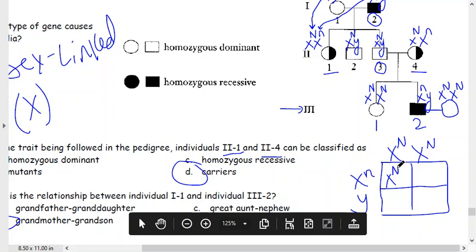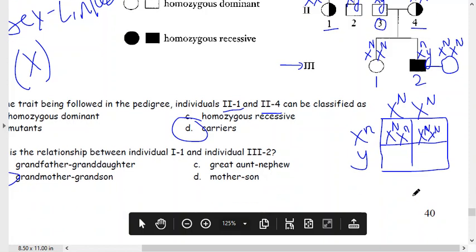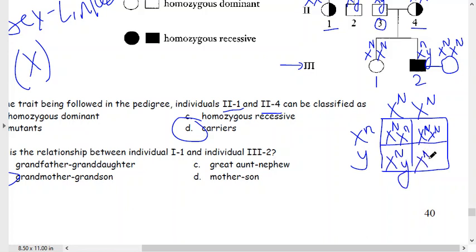It doesn't matter if the male has the recessive allele because the female has nothing but dominant normal alleles. So in every single instance, they will have a normal child. The females will be carriers.